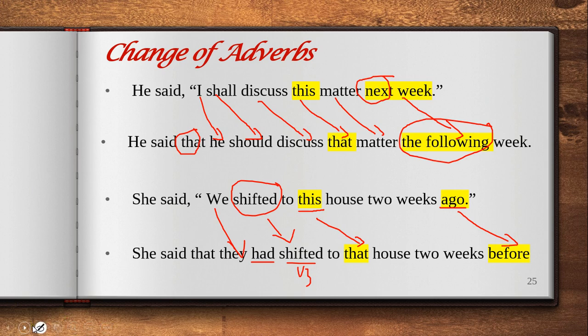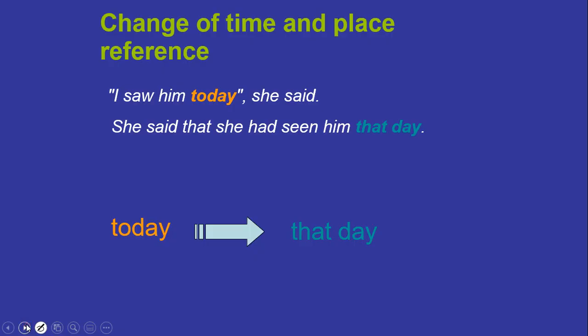Pay attention, guys, carefully. Next, let's go to another change of time and place. "I saw him today." She said that she, this is past tense, you have to change to the past perfect.